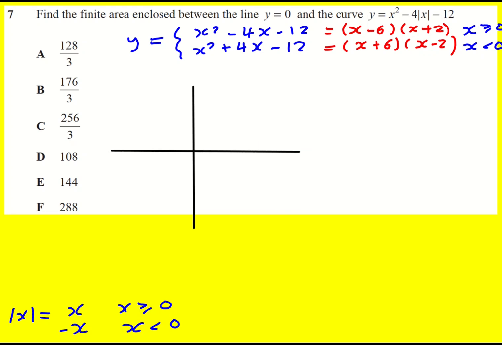So the one on the right, I'm going to have a root at 6, and there would be one at minus 2, and it would go through minus 12.